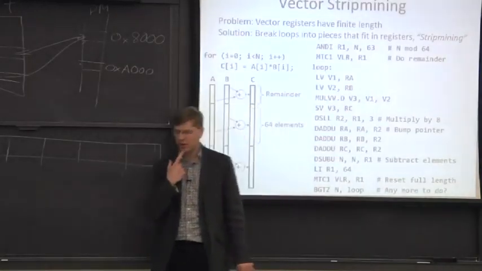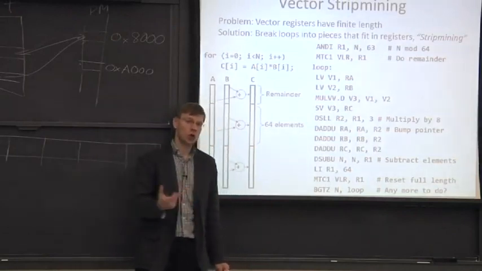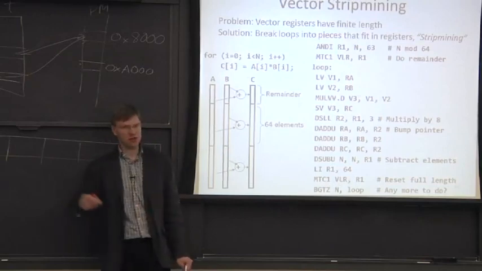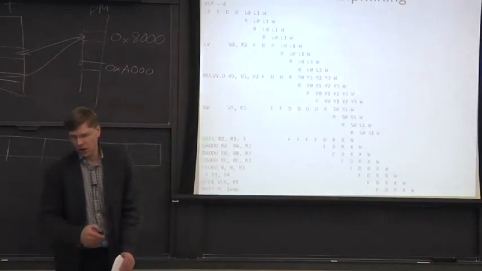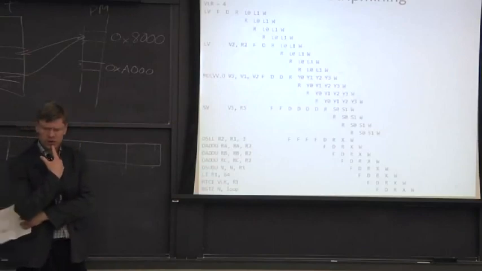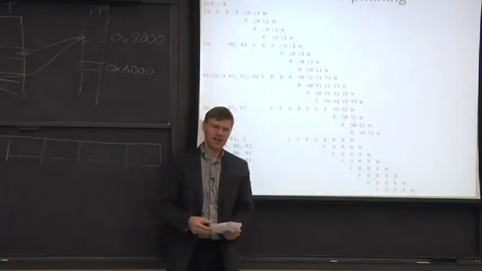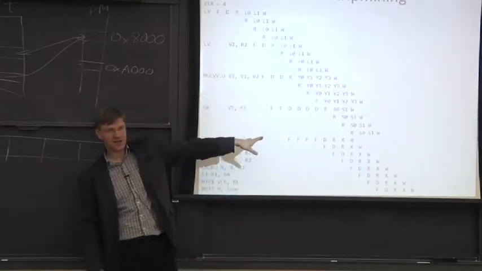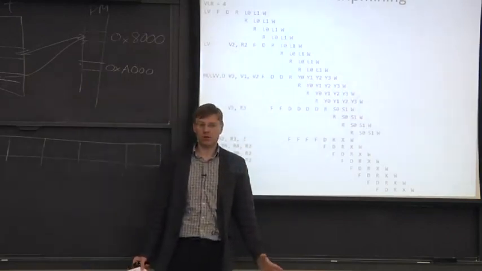One other thing I wanted to point out about vector strip mining is that this allows you to handle variable length arrays that you don't know at compile time also. Because you can just use n here, and this code snippet will do the right thing. One other thing I wanted to point out here, I didn't draw this because this is actually very hard to draw and it wouldn't fit in the slide, is that this overhead is substantial when looking at a small vector length like 4.